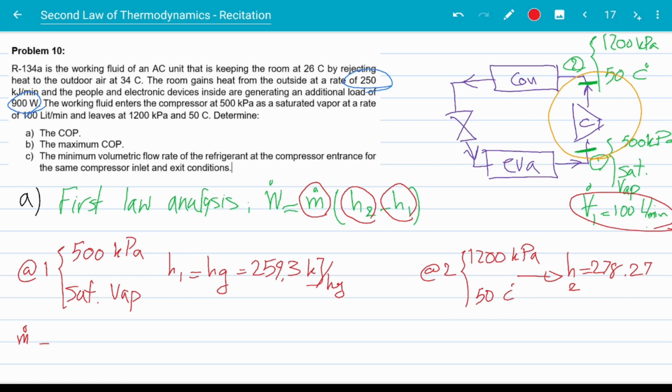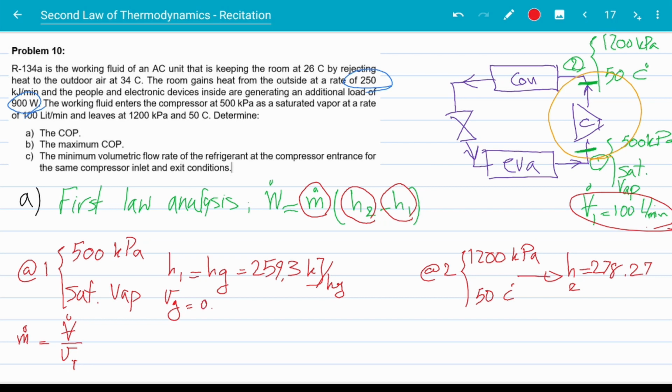Now, for the M dot, I only have the volumetric flow rate at the entrance. Now I know that M dot is volumetric flow rate over the specific volume at state 1. The specific volume at state 1, because we are dealing with a saturated vapor, is the specific volume of saturated vapor at 500 kilopascals. So let's read that from the table as well.